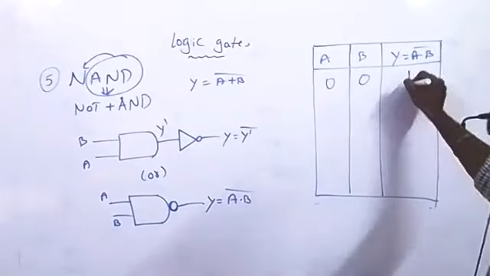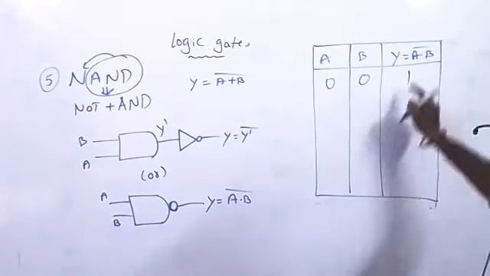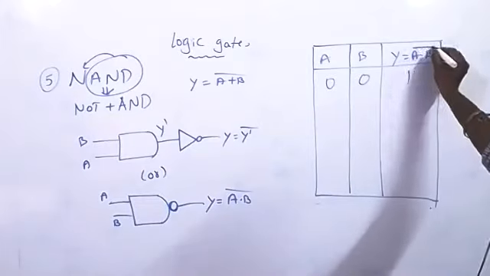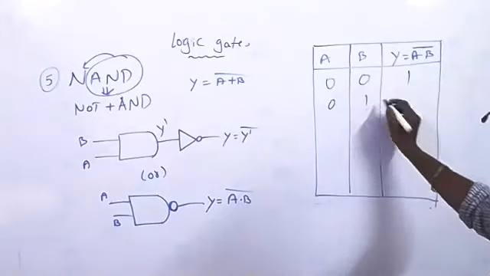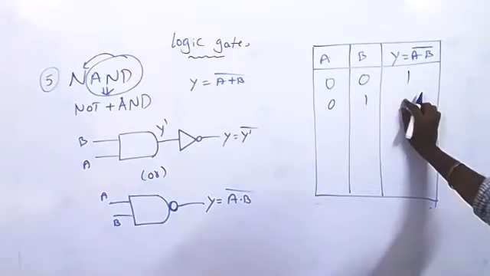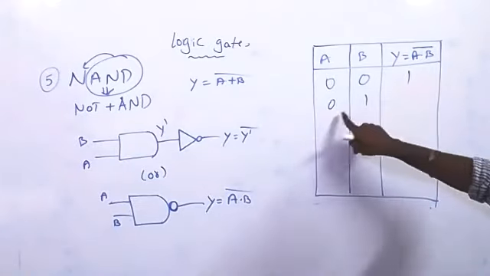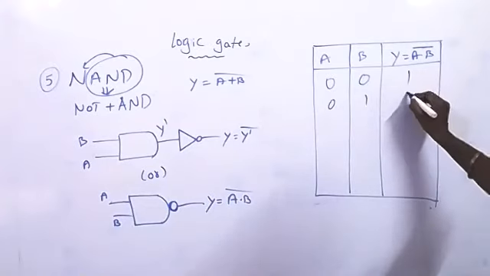Actually, you would get 0, but it is the opposite, so 1. 0 and 1, what will you get? Chirag, I can't hear you. 0, sir. 0 into 1 is 0, but 0 bar, so 1.